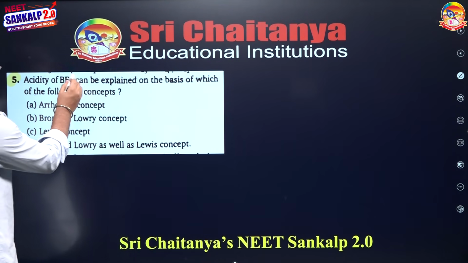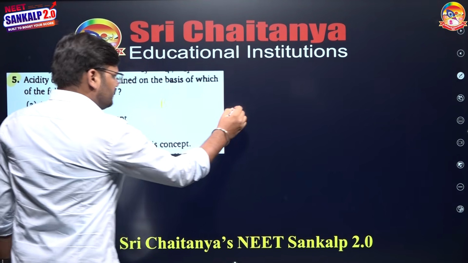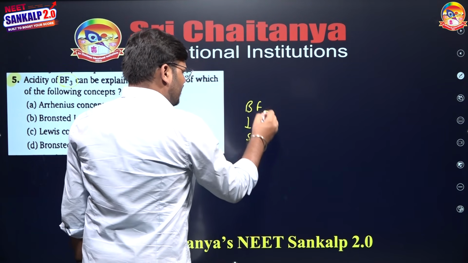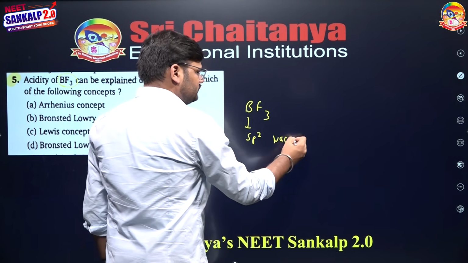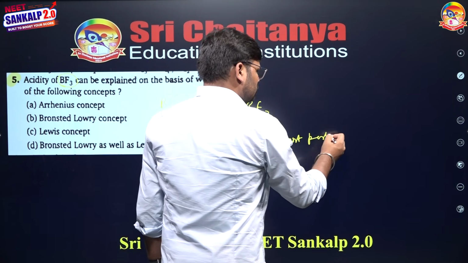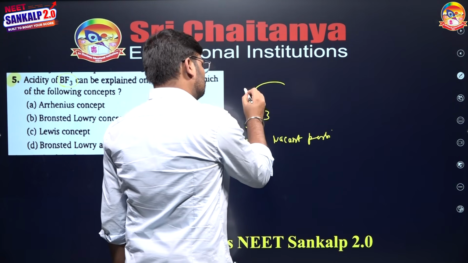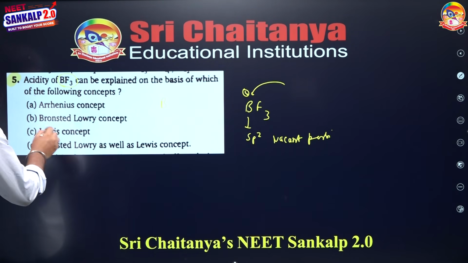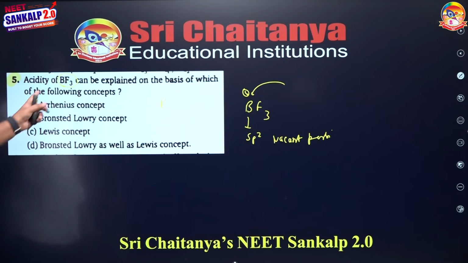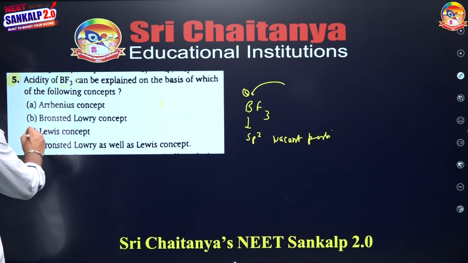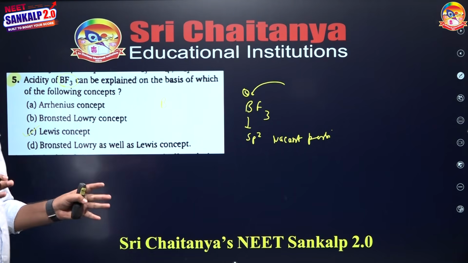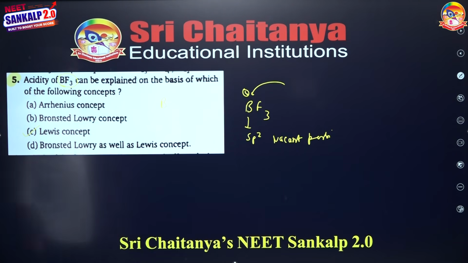So BF3, we already know, is having a vacant orbital, its hybridization is sp2, it will be having a vacant p orbital, so it can accept a pair of electrons. As it can accept a pair of electrons, it can be said to be a Lewis acid, because also you see that it is not having any proton which can be donated, so it is the Lewis concept. Lewis is the most broader concept among all.